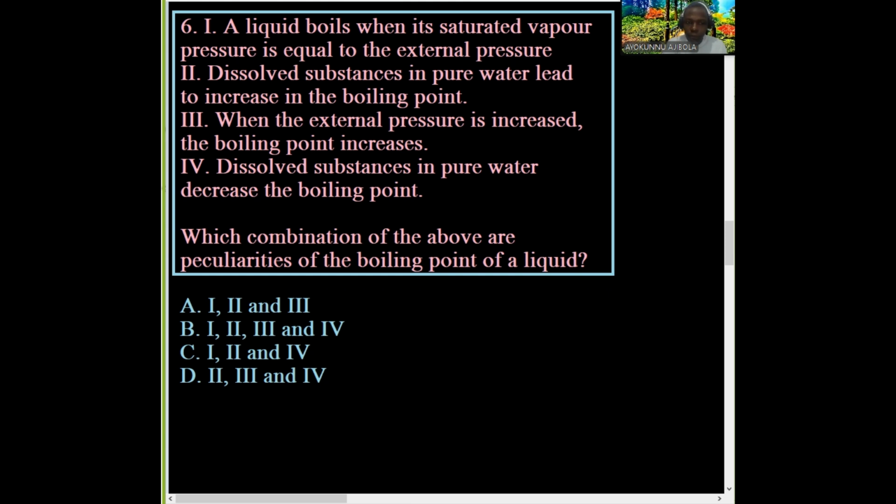So what do you go for? Yeah, the last one. Dissolved substance in pure water, because it is not only pure water but some liquids. So what do you go for?